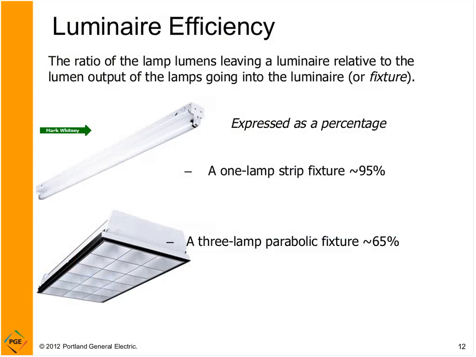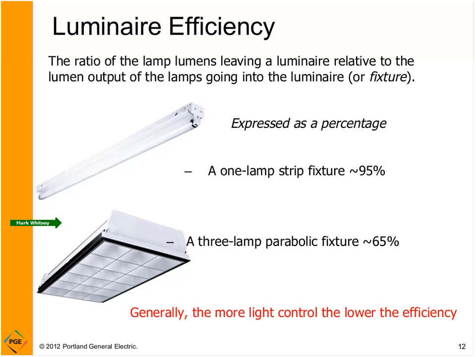A parabolic fixture, on the other hand, might only be about 65% efficient, which is not good, but it's going to be focusing the light down on the work plane where you want it. So even though the efficiency could be less, you could have actually more usable light on the work plane itself. And then, of course, there's the appearance of the fixture as well. So as a general rule of thumb, the more light control you have, the lower the efficiency of a light fixture.